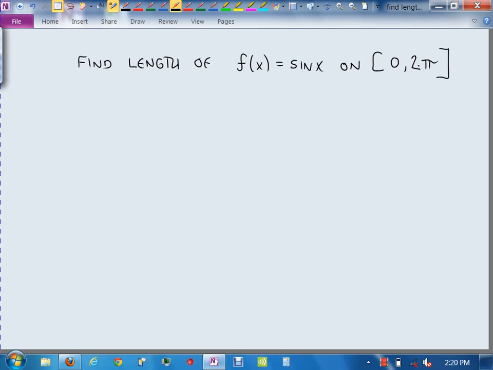All right. Here's our function, sine curve, like this. That's one period. I want to know how long it is, between 0 and 2 pi. So there's really nothing that you need in here other than what? I mean, what's the only thing you need to apply the formula? The function, and in the formula, you need its derivative.